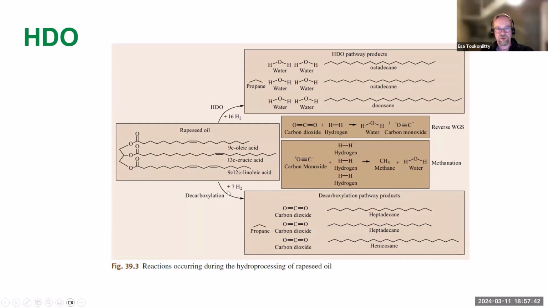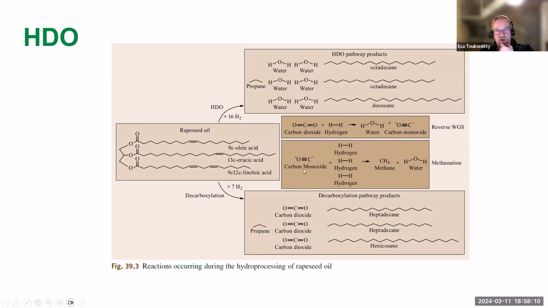Here you can do decarboxylation, so you remove carboxylic acid. You also get these good long hydrocarbon chains. And these are reactions that can happen under the same conditions. So CO2 reacting with hydrogen, forming water and carbon monoxide.